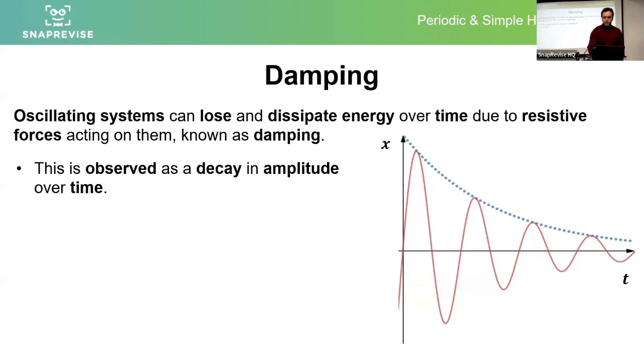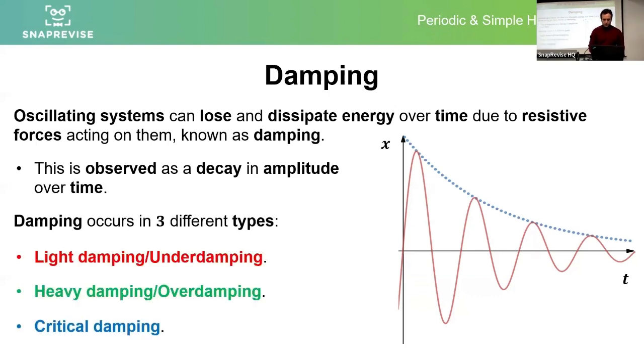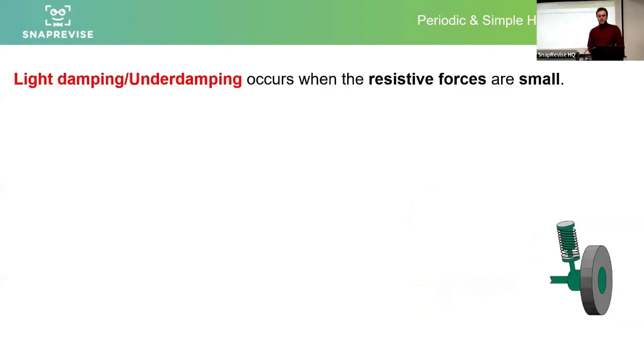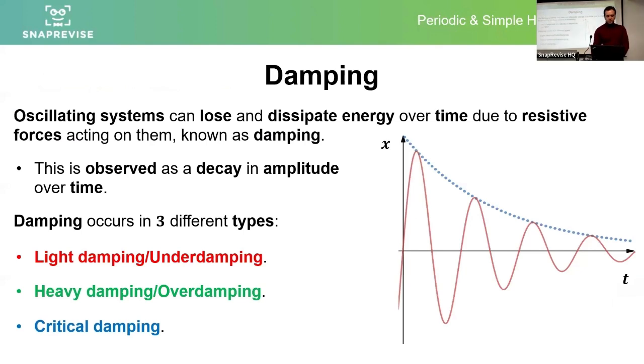Instead of our beautiful sine wave maintaining its amplitude forever and ever, the amplitude decays in this little exponential pattern. And so there are three different types of damping. There's light damping or under damping, heavy damping or over damping, and then the sweet spot, the Goldilocks level of damping, which is critical damping.